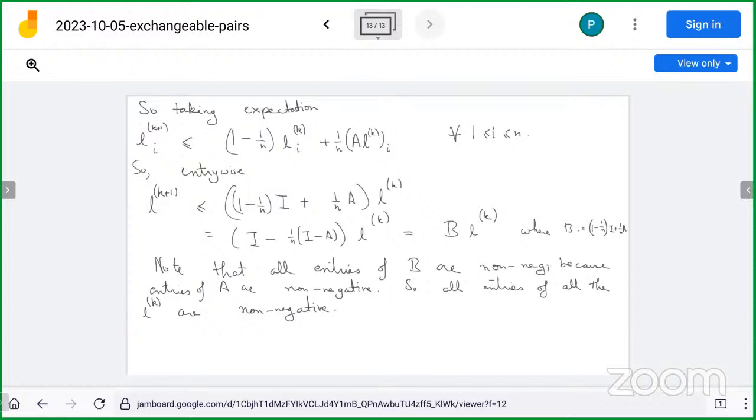Making sure everything is ready. So I'm looking at, if the operator norm of A was something, what's the operator norm of B?